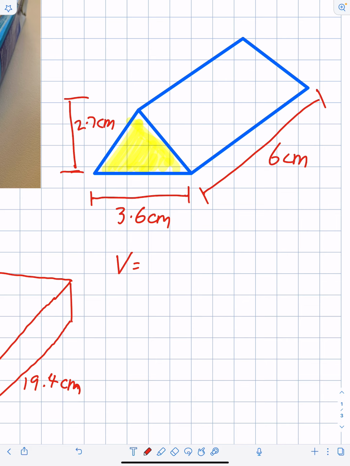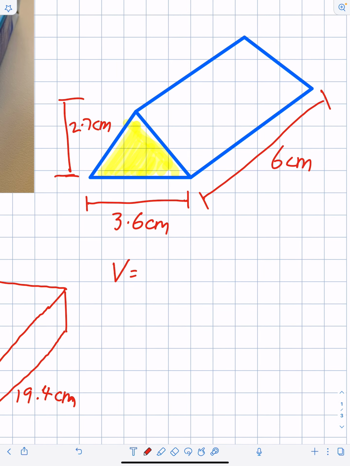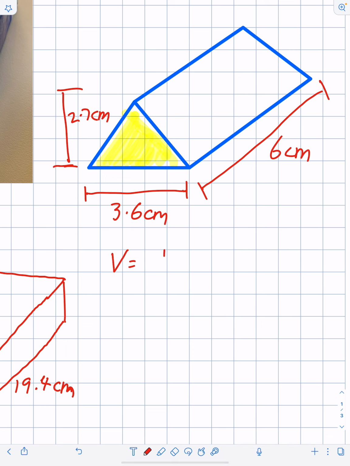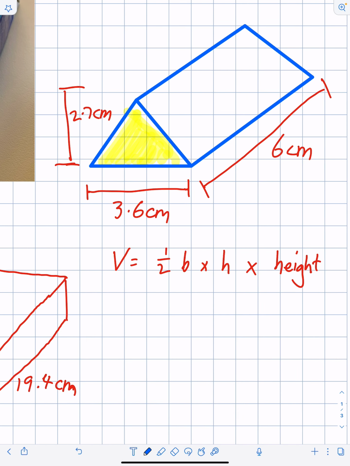So to work out that orange area there, it's actually half base times height, multiplied by, this is where it gets a little bit difficult with mathematics, we need the height. And so the height for that one will be 6.